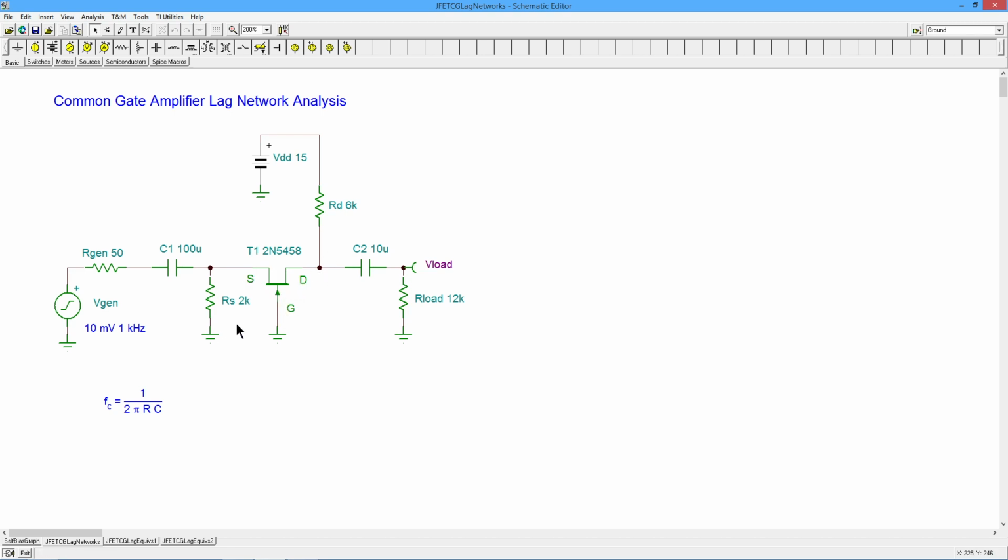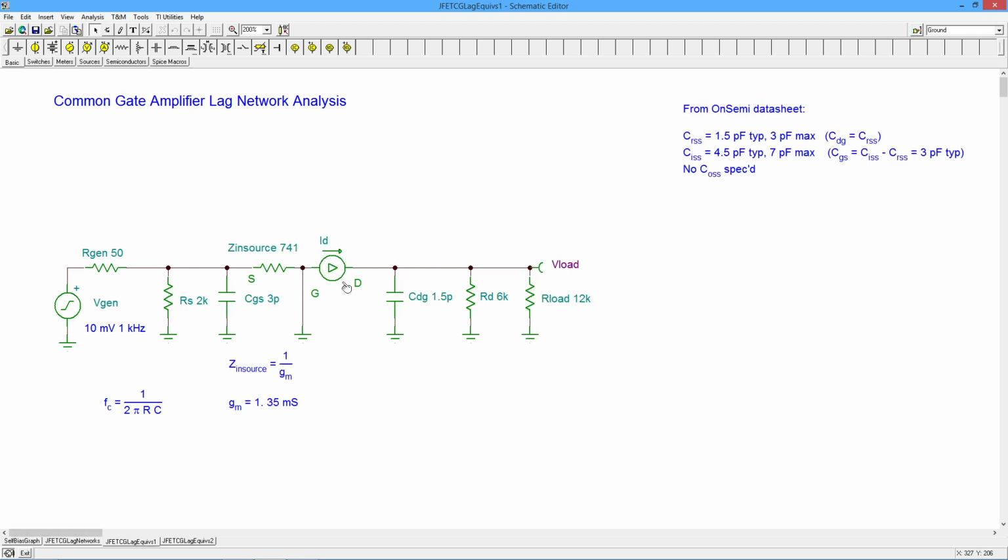CGS winds up being in parallel on the input, and CDG winds up being parallel on the output. There's, remember, no Miller effect here. Miller effect only occurs when you have an inverting amplifier. This is a non-inverting amplifier. So this is one of the reasons why we tend to have good high-frequency performance in these common gate amplifiers.